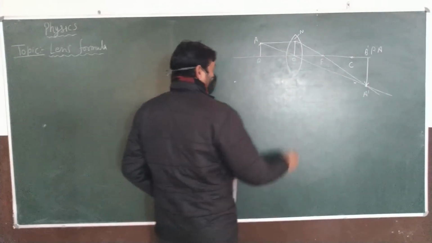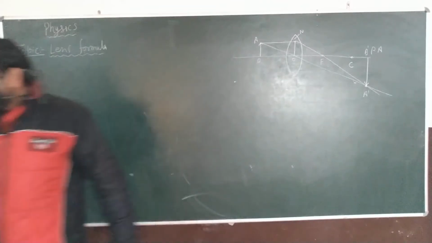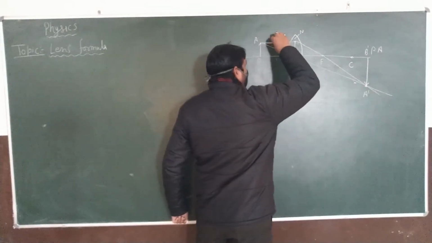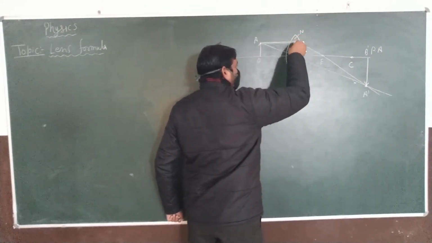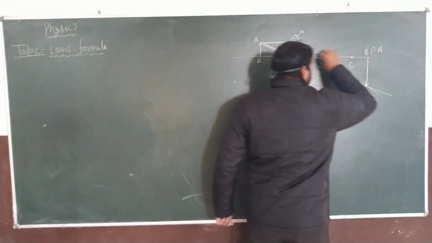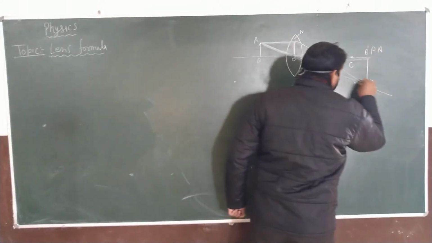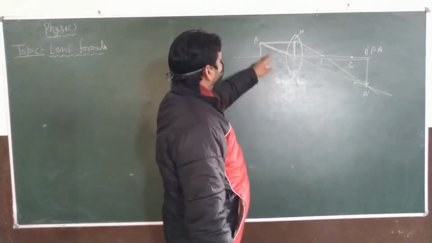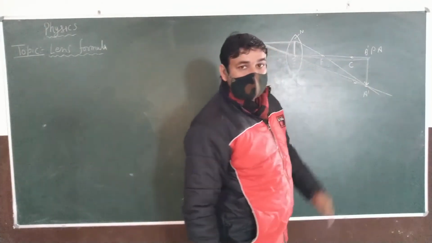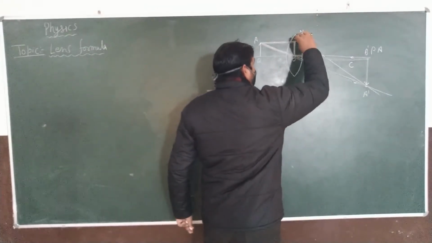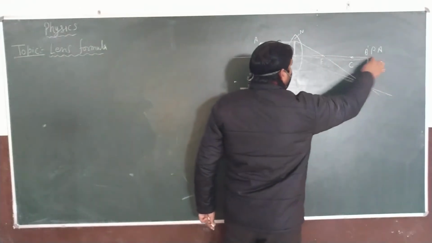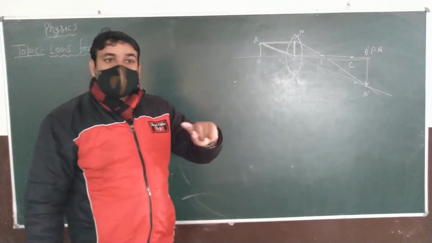Therefore we have two triangles. One is ANO and the other one is A dash B dash O, and next, triangle NOF and A dash B dash F. Okay, we have two triangles.